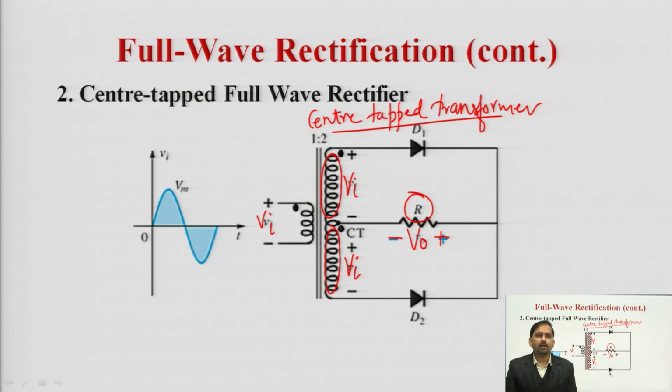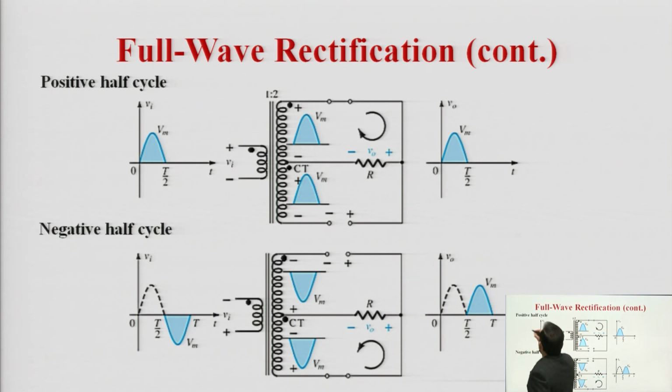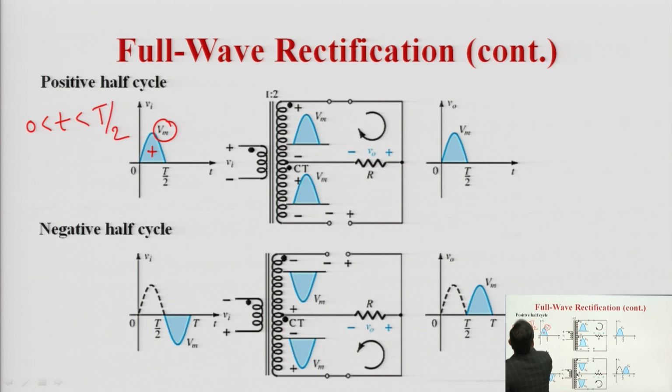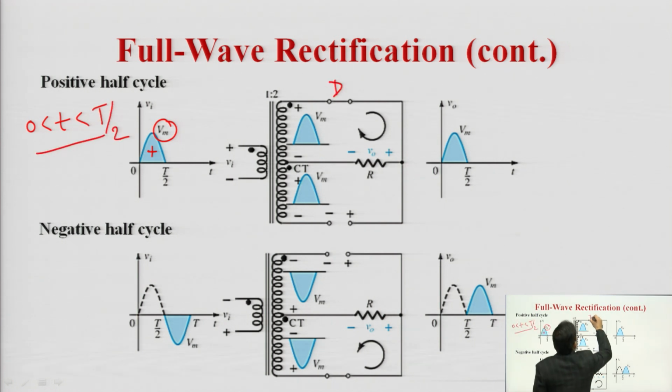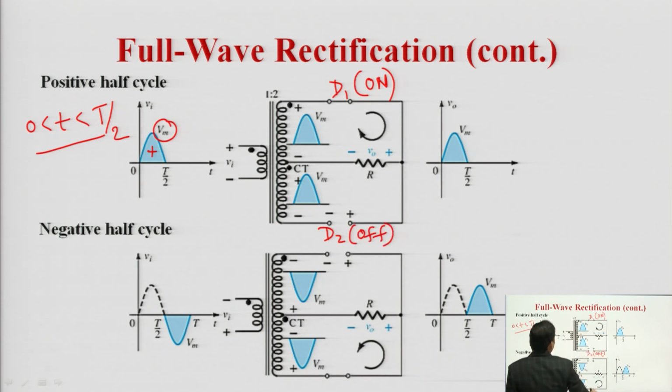If we are providing an alternating AC voltage having a peak value of Vm, then we can see the operation of the center tap full wave rectifier. During the positive half cycle, for t equal to 0 to T by 2, diode D1 is conducting, means on, whereas diode D2 is off, non-conducting.